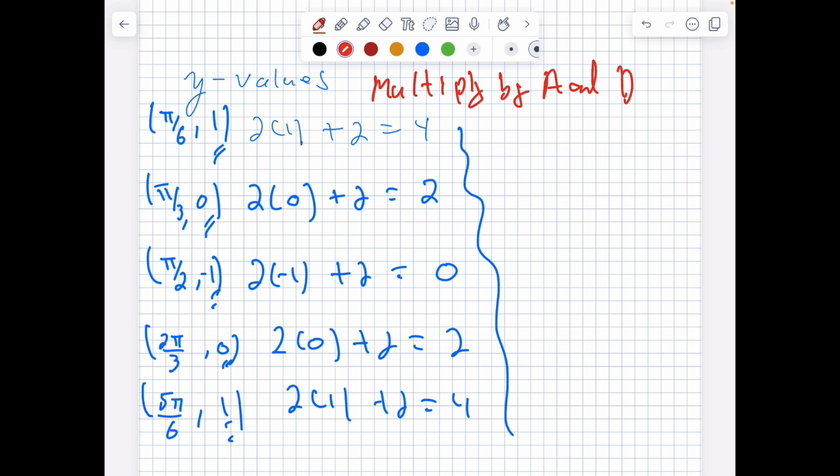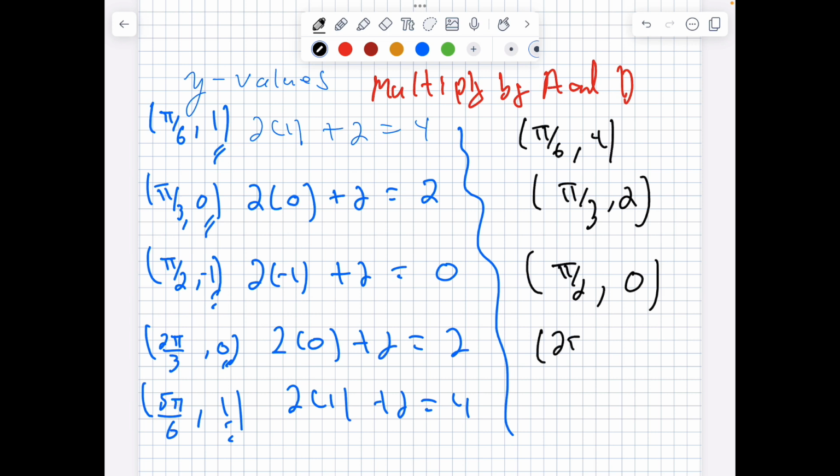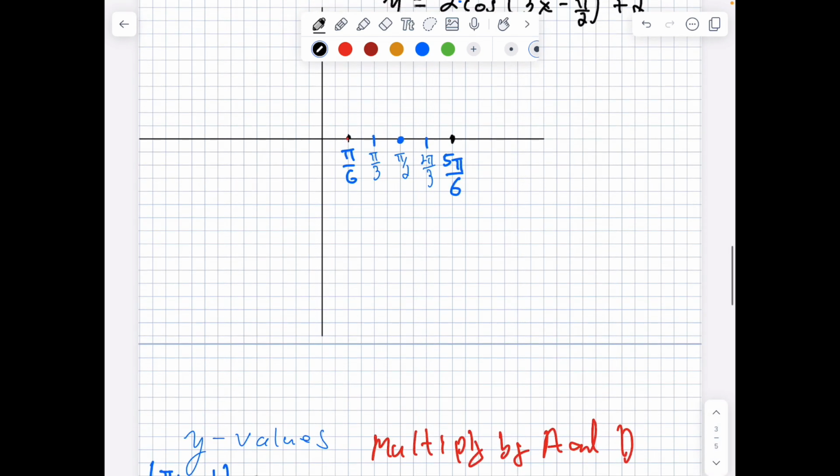And your new y values here would be pi over 6 comma 4, pi over 3 comma 2. We have the new x values, and we're just writing the new y values attached with them. So pi over 2, 0, 2 pi over 3, 2, and 5 pi over 6, 4. Okay, and we're going to go ahead and graph these out up here.